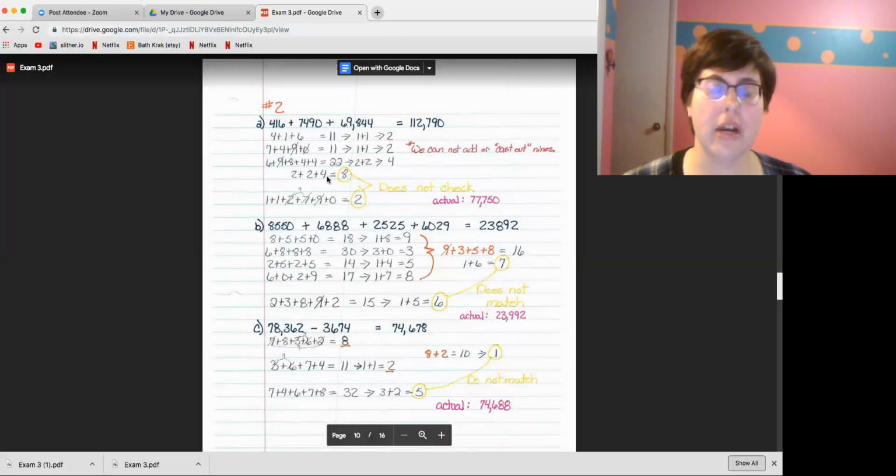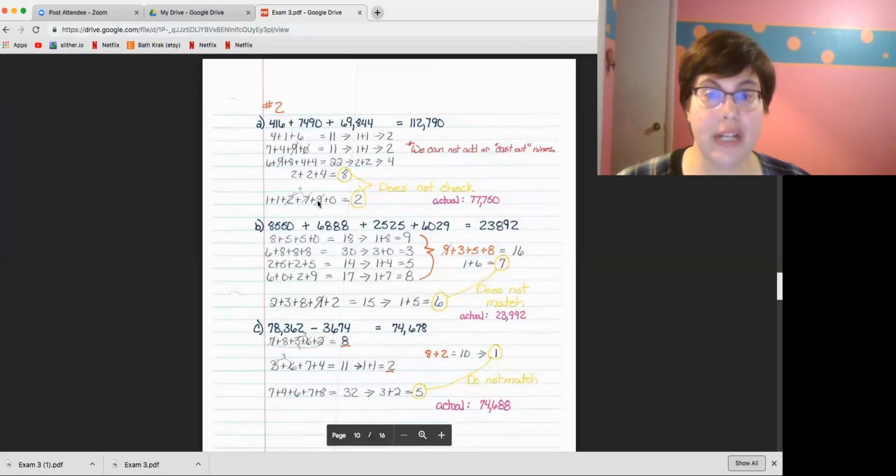So in order to check our work, we had 8 here. We're looking to see if we're going to get 8 for our answer when we add the digits of our answer. 1 plus 1 plus 2 plus 7 plus 9 plus 0. 2 and 7 is equal to 9, so we know we can eliminate that because that's a casting out of 9.